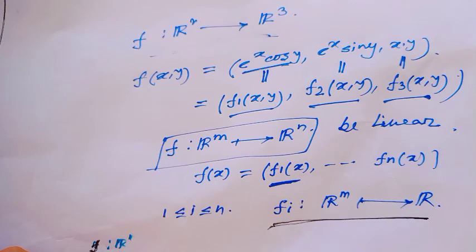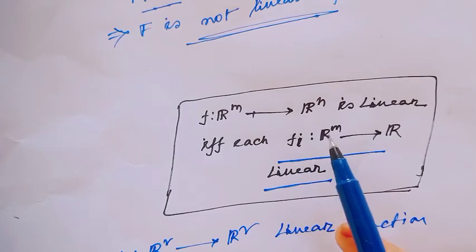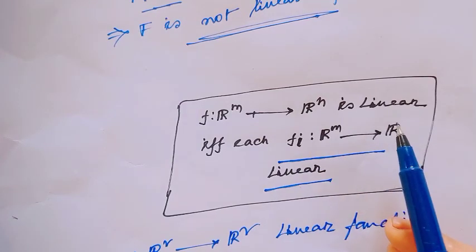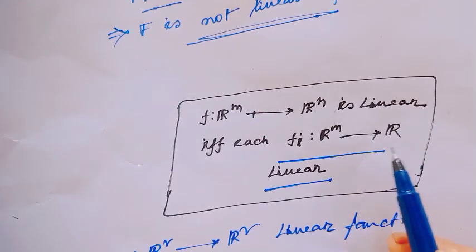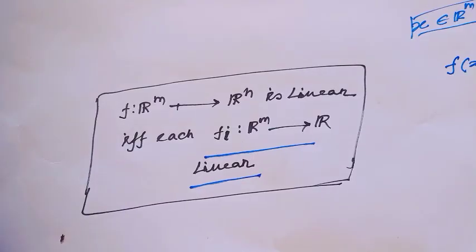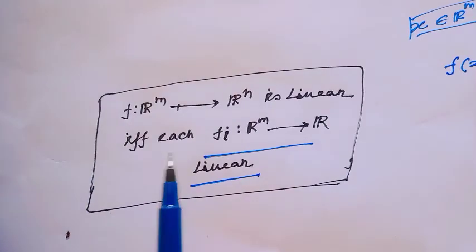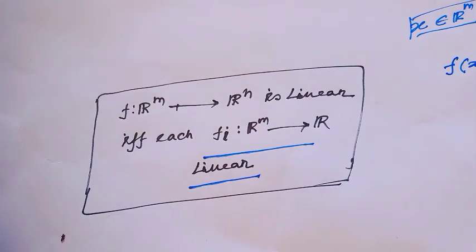And there exists a nice theorem. The theorem is, f defined from Rm to Rn is linear if each fi defined from Rm to R is linear. That means if each component is linear, then the function defined from Rm to Rn is linear.